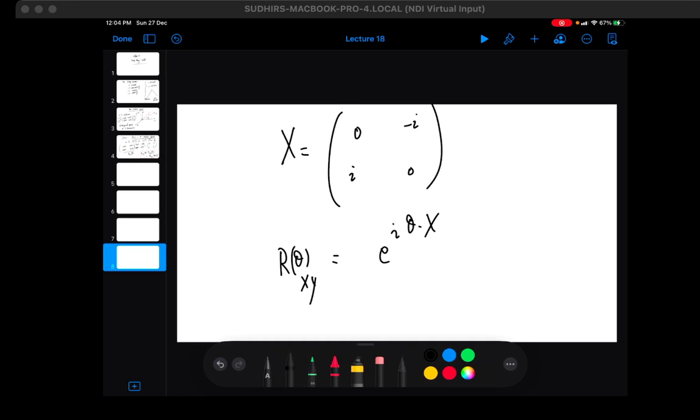I'm a bit slow with algebra, so I'm also a bit lazy, so just check the signs of i and everything. So this shows you that there is only one generator for O2.